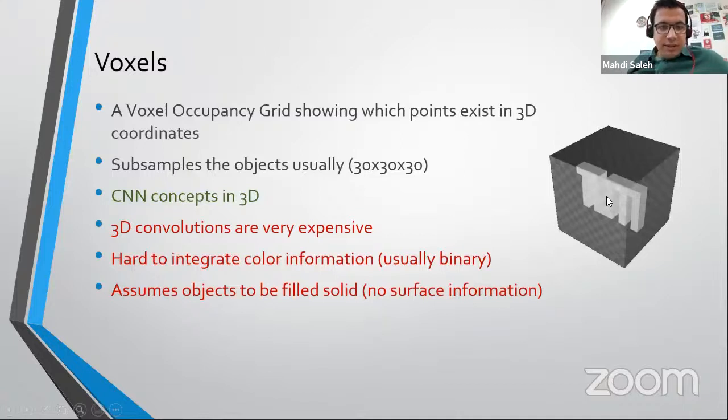As you might imagine, this can be expensive, because with higher order convolutions the memory increases. There are also other problems with voxels, for example, how to integrate color information, and how to decide which parts are occupied or not if you have a scan.